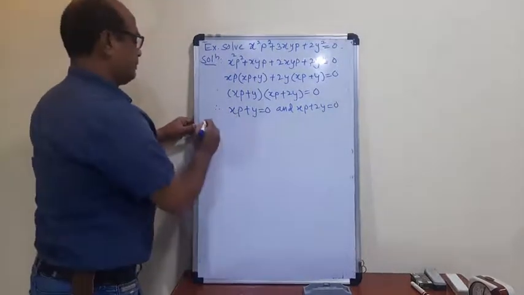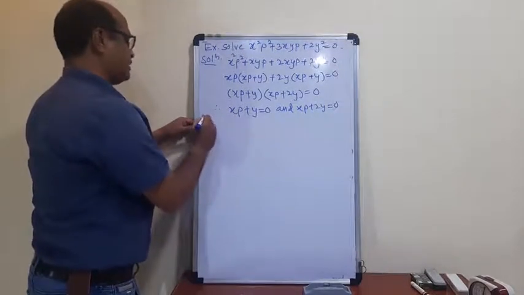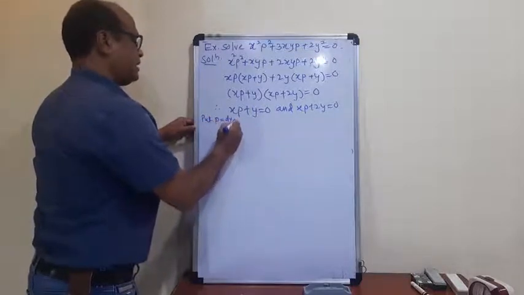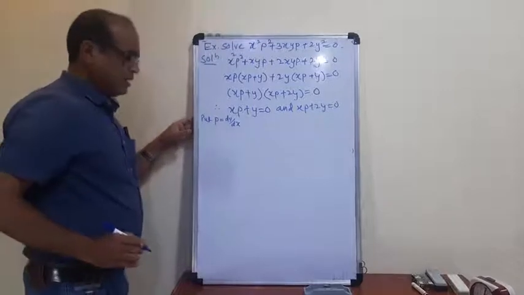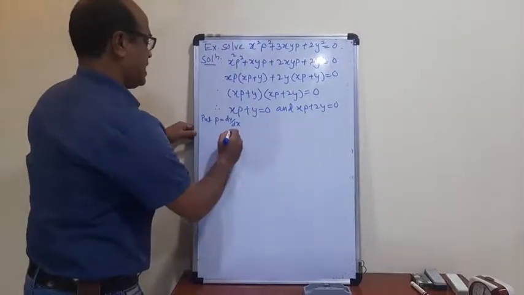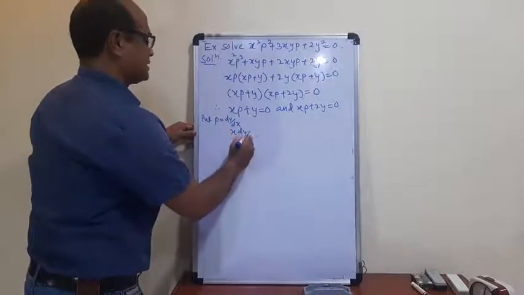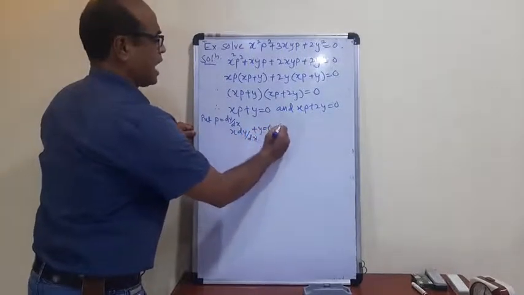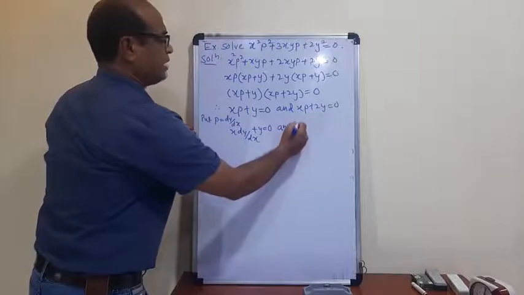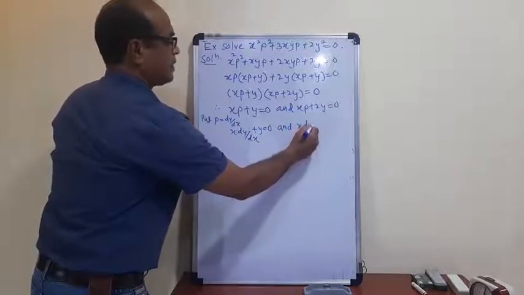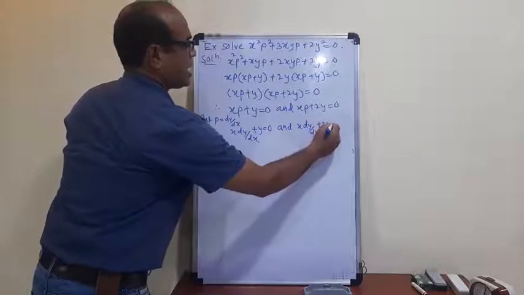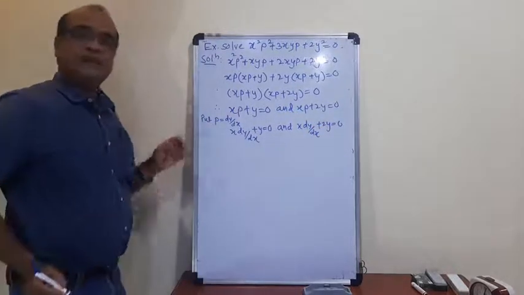So put p is equal to dy by dx. So therefore we get x dy by dx plus y is equal to 0 and x dy by dx plus 2y is equal to 0.